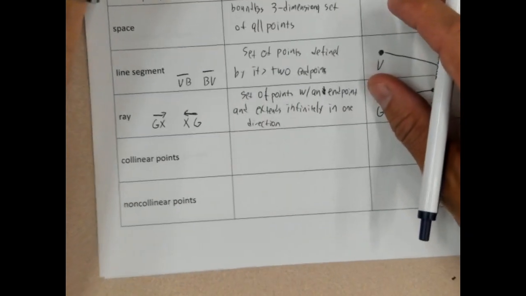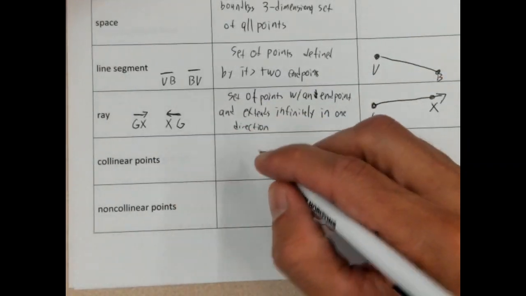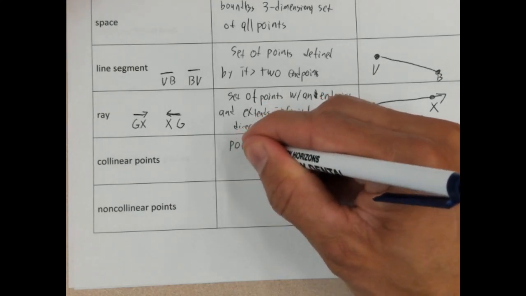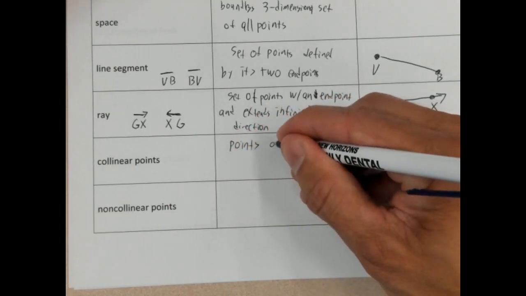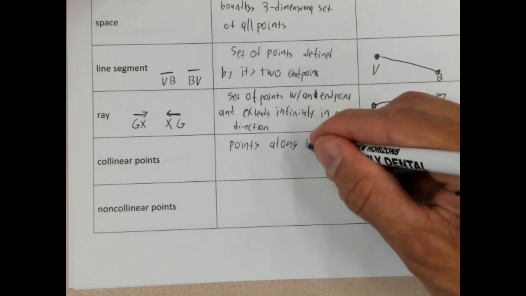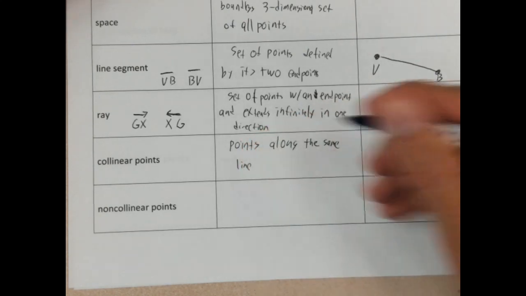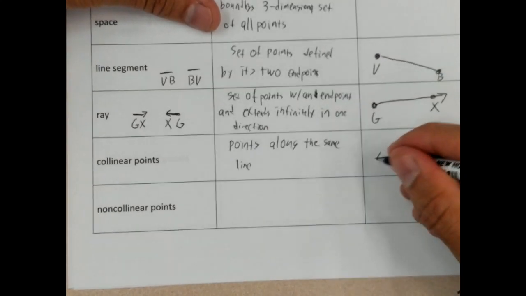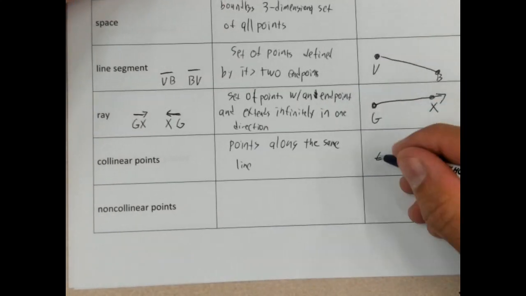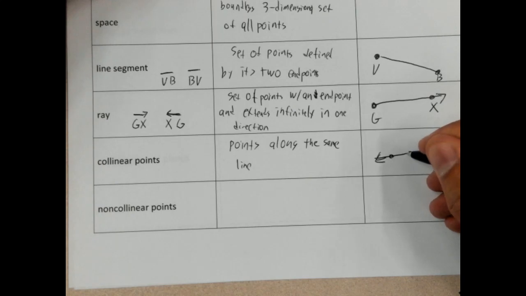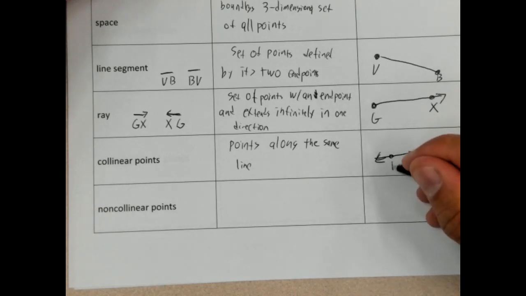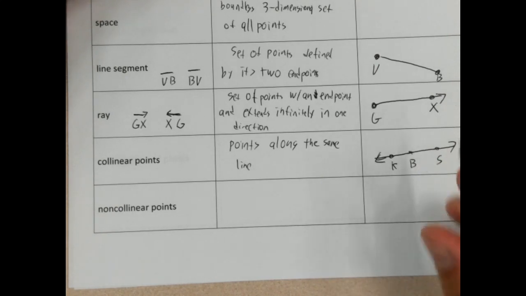Okay, collinear points. We already kind of alluded to it. Just points that are all on the same line. Points along the same line. An example of that would be something like this. Let's say we had K, B, and S. So these three points would be considered collinear.